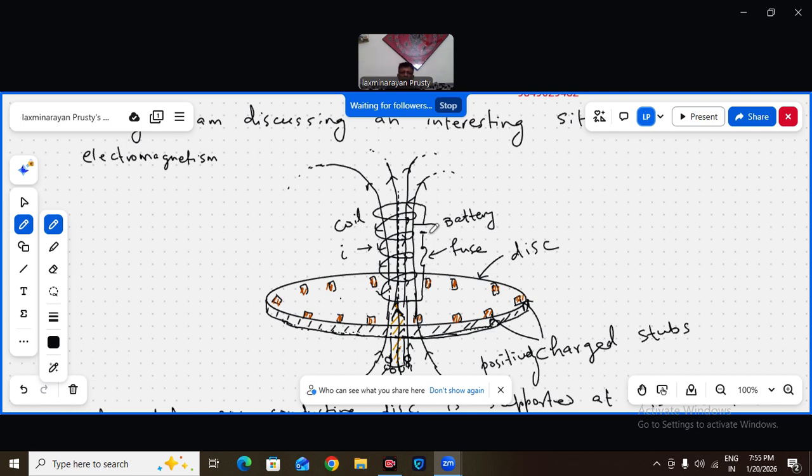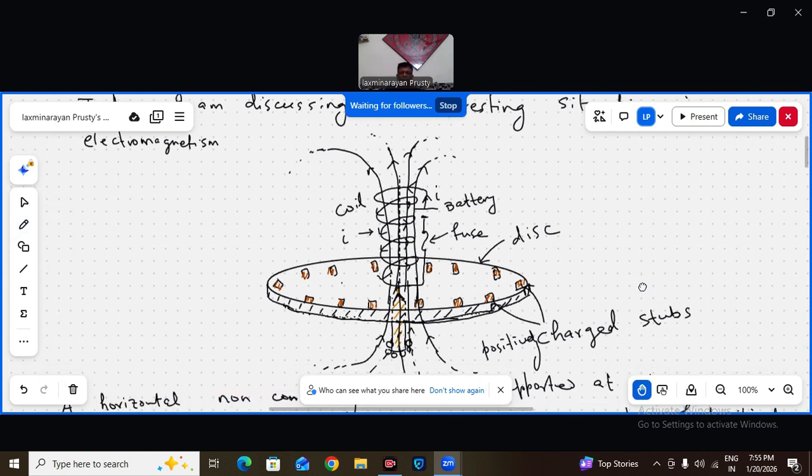Fine. What is the problem? No problem. The whole system is at rest. And these are the lines which are shown, the magnetic fields produced by this current flowing in a coil. They will be forming closed loops, of course.